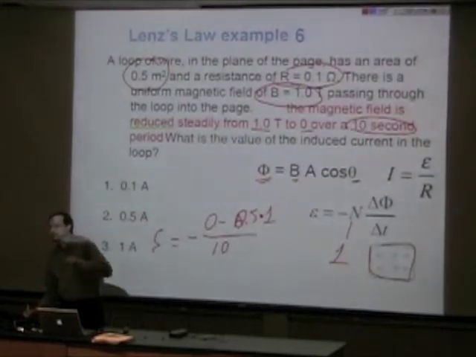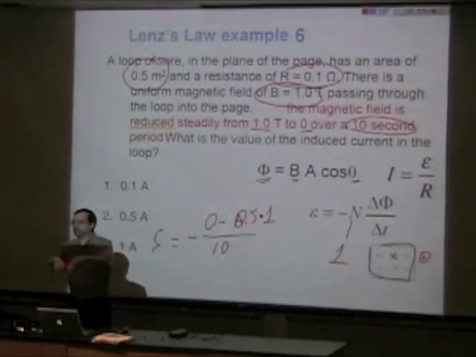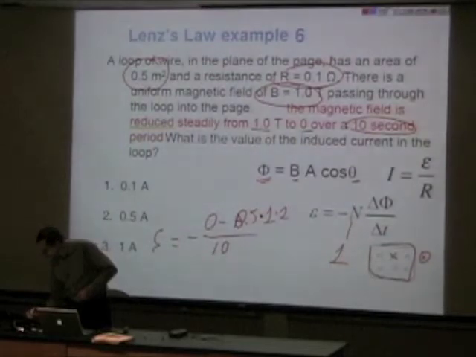The normal, which is perpendicular to the loop, is into the screen, and the field is into the screen. So there is no angle between these two arrows. It's 0, cosine of 0 is 1, so times 1. So this is EMF, and that gives us 0.05 volts.